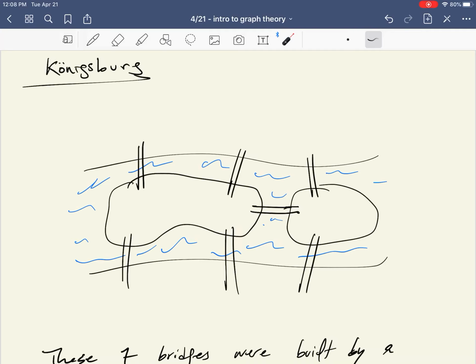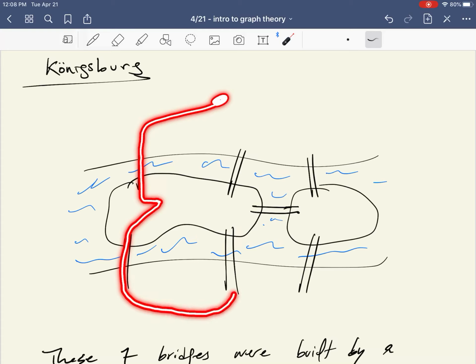So let's see, why not? Well, say that we put our starting point up here. From our starting point, we take this bridge first. Okay, so we come down there, and now we're on this island. Maybe we take this bridge next, and then we come back and go up maybe this bridge back onto this island. Now we have to choose.